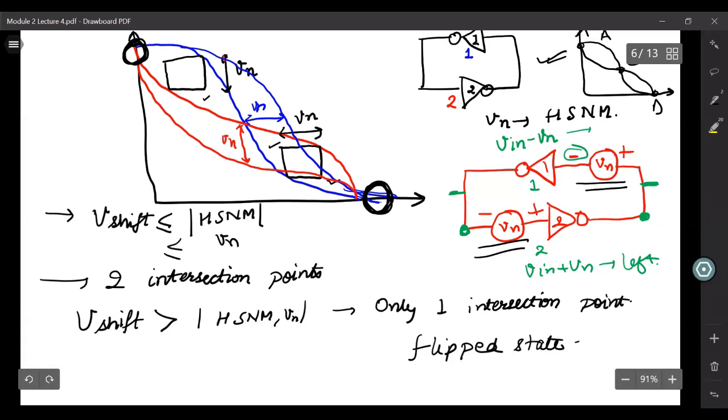And that is something that you don't want. You want your cross-coupled pair to hold the data without flipping, right?